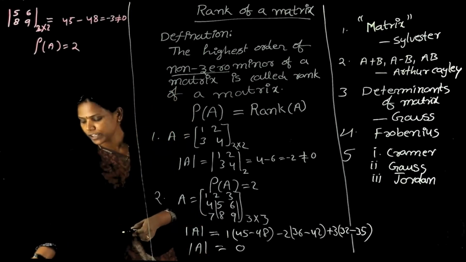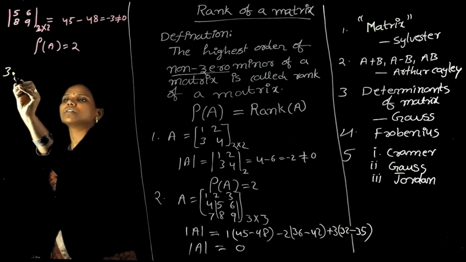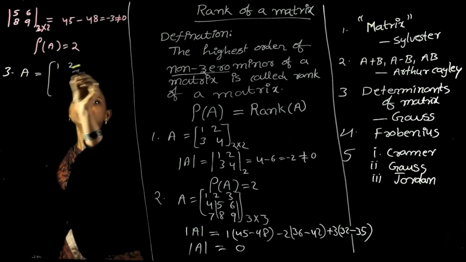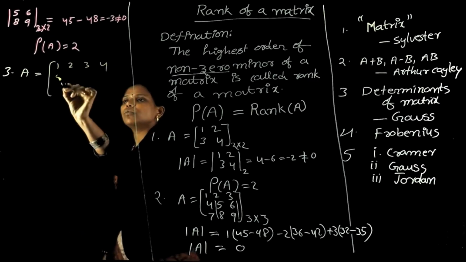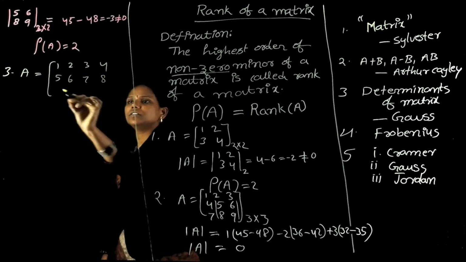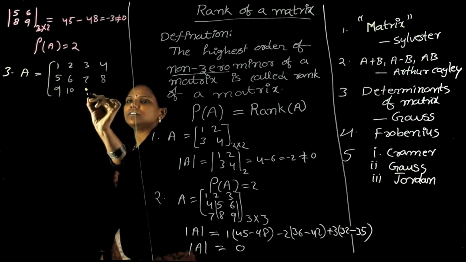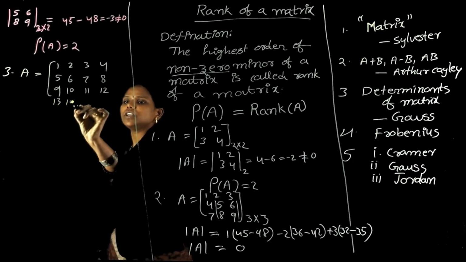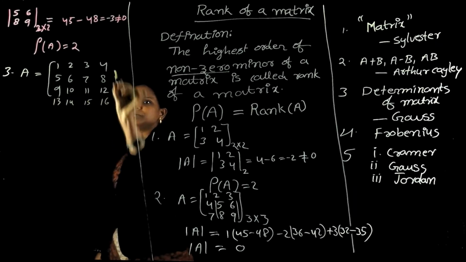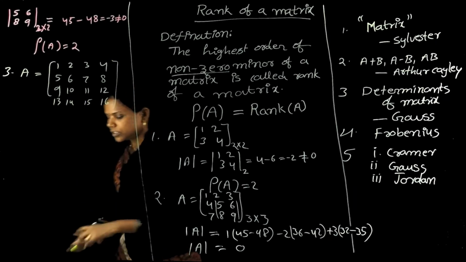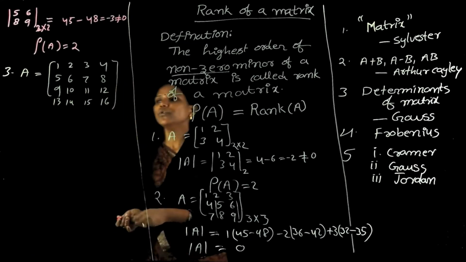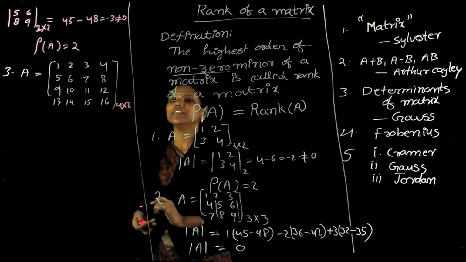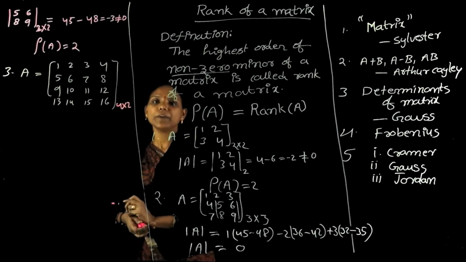Let me explain one more example. Suppose A is given as 1, 2, 3, 4, 5, 6, 7, 8, 9, 10, 11, 12, 13, 14, 15, 16. Observe this matrix, it is a 4 by 4 matrix. To find the rank of this matrix, we need to find determinant of the matrix.